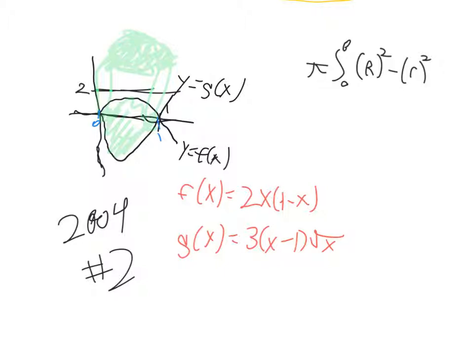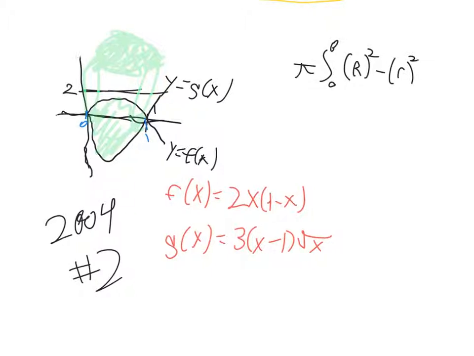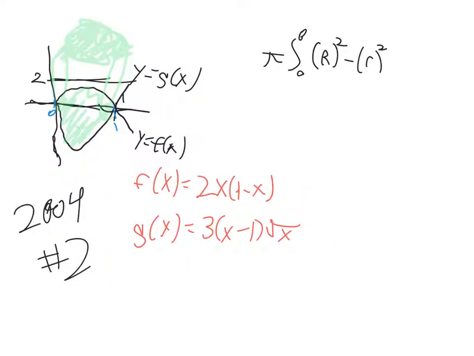If they didn't do that, you would have to find where the points intersect and all that. But in the question, they bound it. So we're going to go ahead and do that as well. And so let's do pi times 0 to 1, right? And now big R and little r, let's find this.